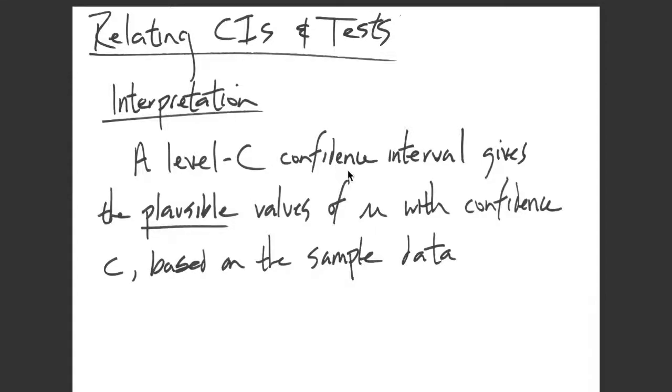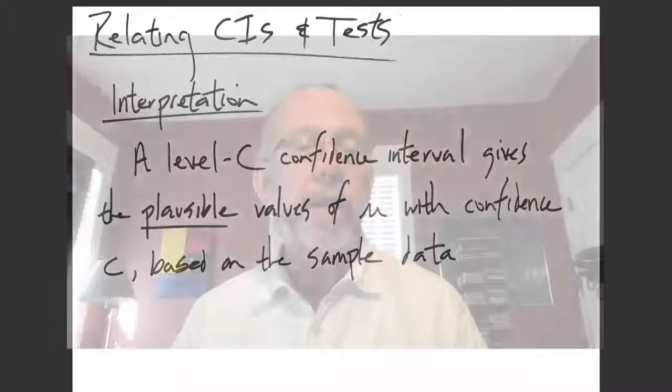A level C confidence interval gives you the plausible values of mu with confidence level C based on the sample data. So what this discussion shows is that, at least for two-sided significance tests, you can really do the significance test in a snap as long as you have the corresponding confidence interval.